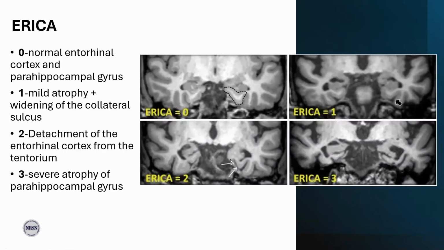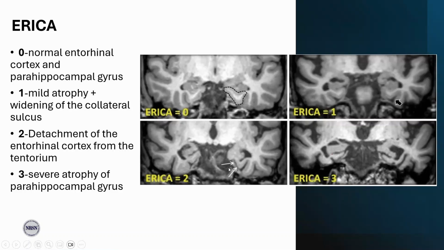An ERICA score of 2 just shows you that there is detachment of the entorhinal cortex. This is the whole of the entorhinal cortex from the tentorium cerebelli, giving this tentorium cleft sign. The tentorium cleft sign is seen by visually separating the tentorium from the entorhinal cortex.